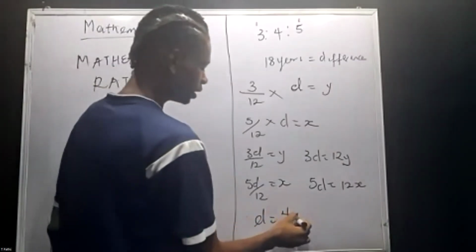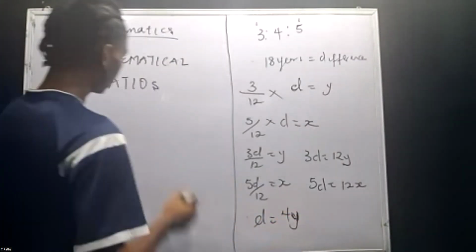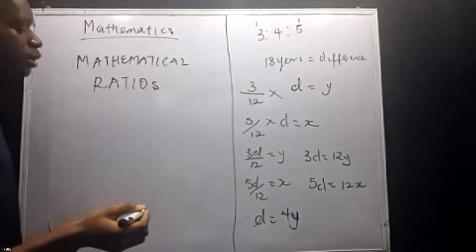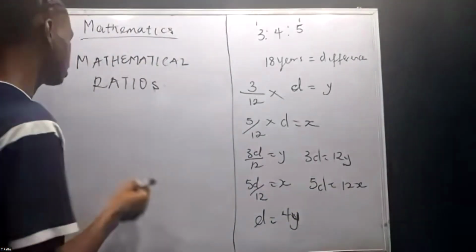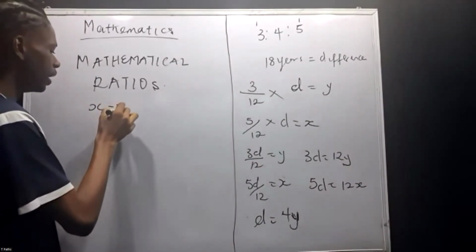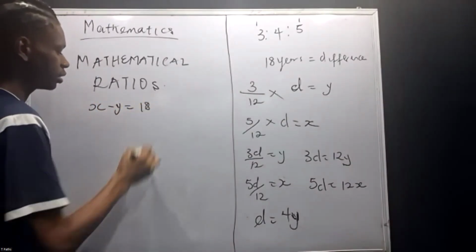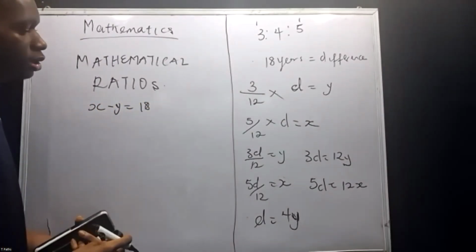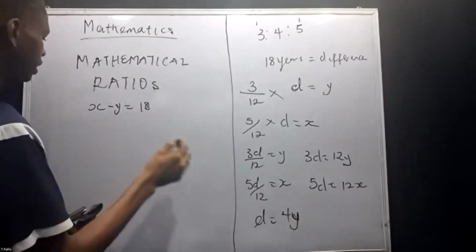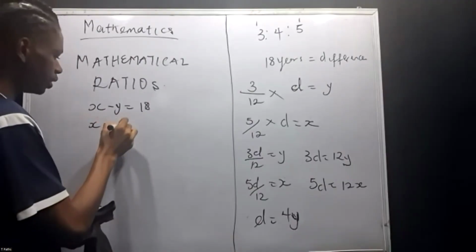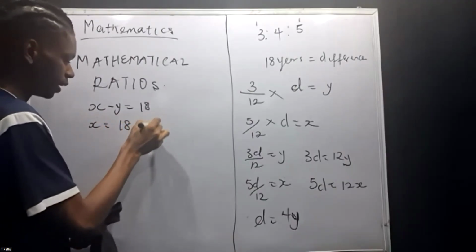So now I have calculated D to be equal to 4Y. The question says the difference between X and Y is 18 years. So I have X minus Y is equal to 18, this is the oldest. So X is equal to 18 plus Y.